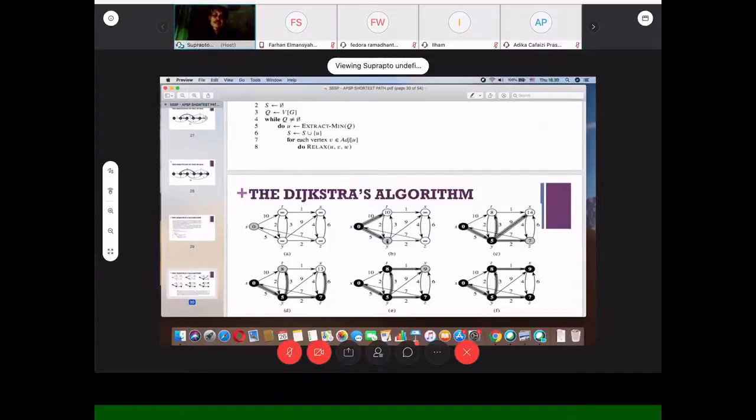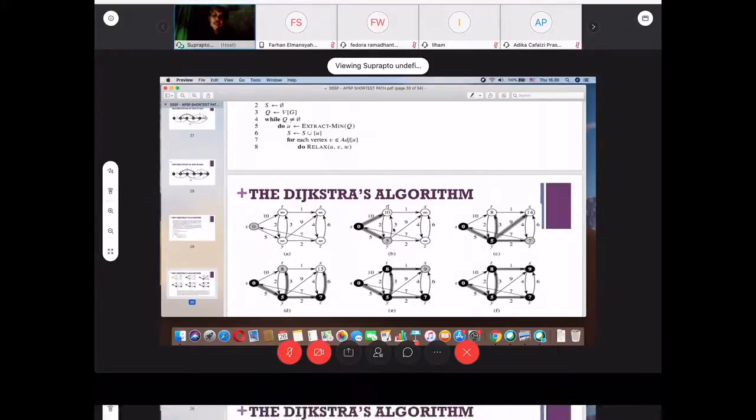So Y will be extracted out of the Q, and we have to consider all vertices adjacent to Y now, and there are 3: T, X, and Z. So starting from Y, we have T, X, and Z whose shortest path estimate values are updated, right?